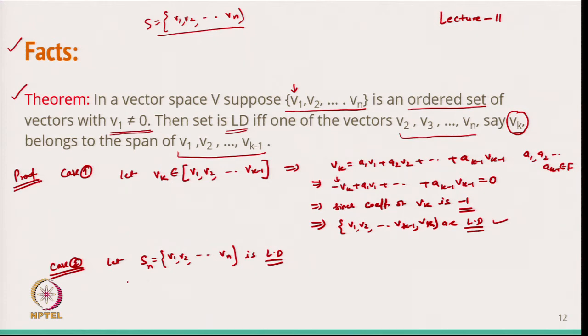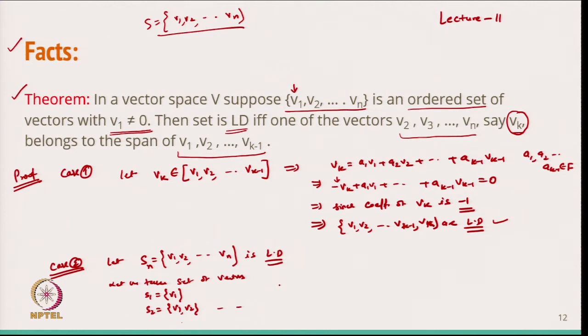So, let us take the sets of vectors. I choose S1 as containing only one element, S2 contains V1, V2, like this one. I keep going with this.